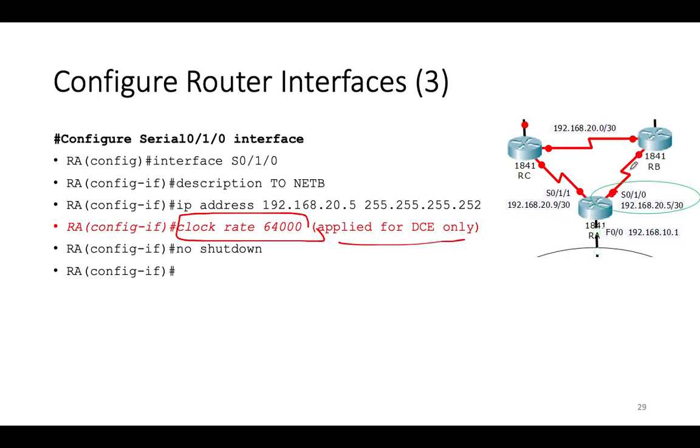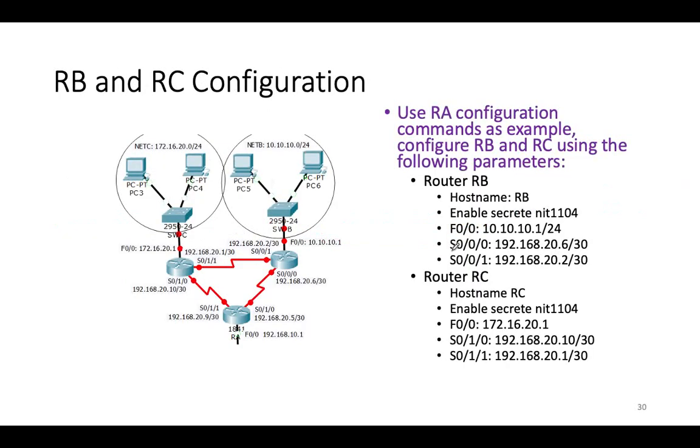If two sides talk to each other and you want to restrict the rate, how fast one device can talk to the other, you need to put a clock rate. Is that required for your case study 2, for example? No. However, it's good to remember something like that.